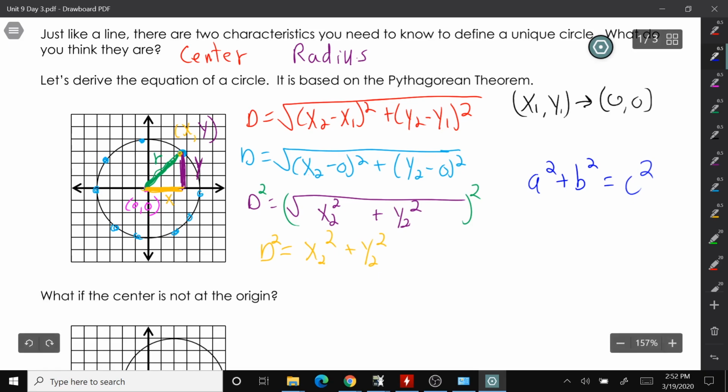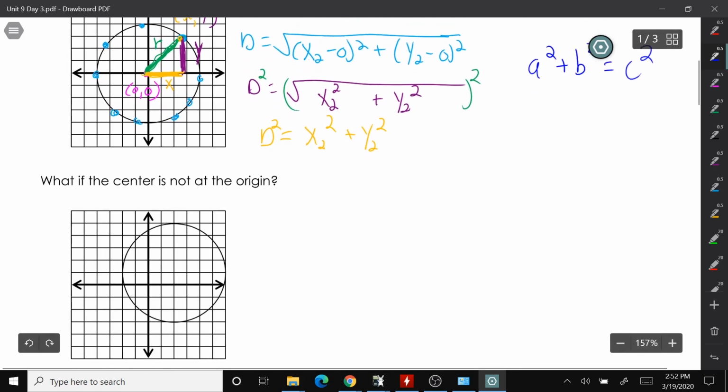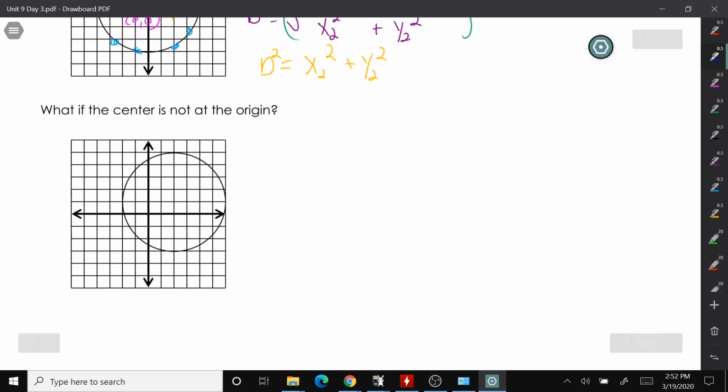Alright, so that was when the center was at the origin, or 0, 0. But what happens if our center is not at the origin? So our center here is at 2, 1. I'll use a different color. And again, any point on the graph we're going to call x, y.